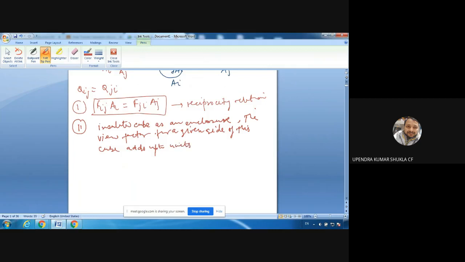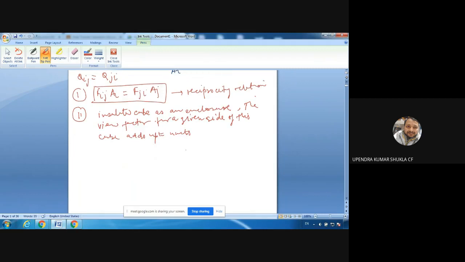Now why is this so? Because of the very definition of the view factor. How is Fij defined?